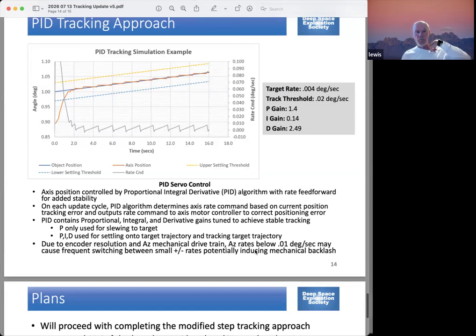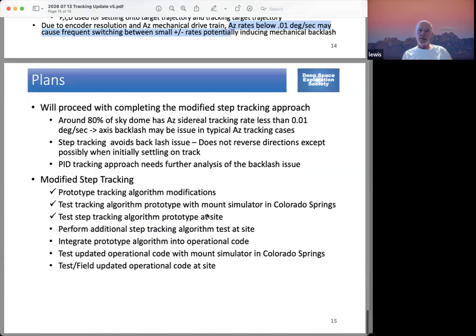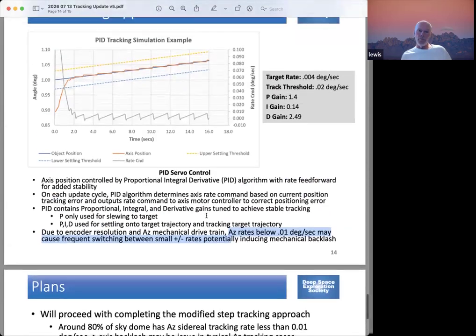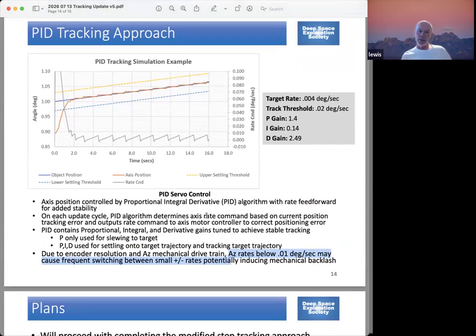And I've tried detuning the PID parameters, and you can reduce that, but I haven't found that I can eliminate it. I have done some research, and there are potential ways you can modify the algorithm to deal with backlash, but to do that is going to take extra work, and it might end up not really avoiding backlash issues anyway. So it gives a nice fine control, but it may cause some instability due to backlash.